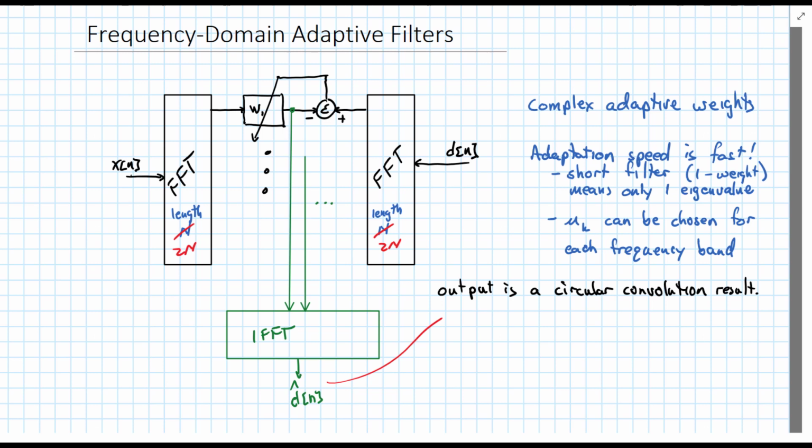So this is another problem. What do we do about that? There is a fancy architecture that involves transforming back and forth several times to make sure everything is the correct length, and that ensures a perfect result. But it gets to be a little bit complex or complicated.